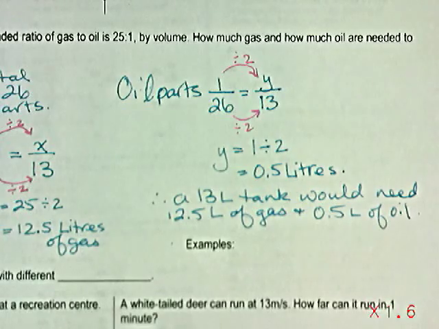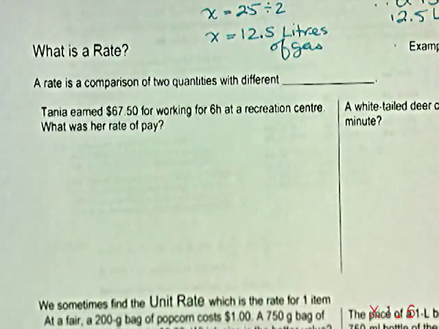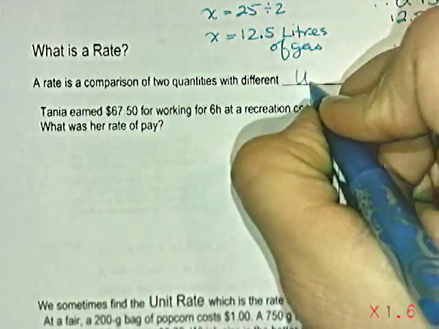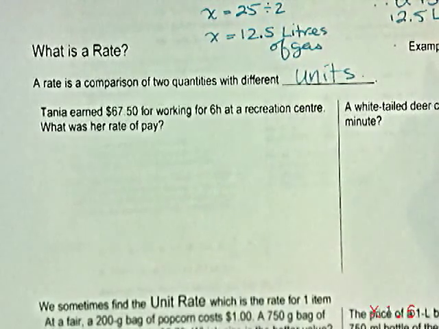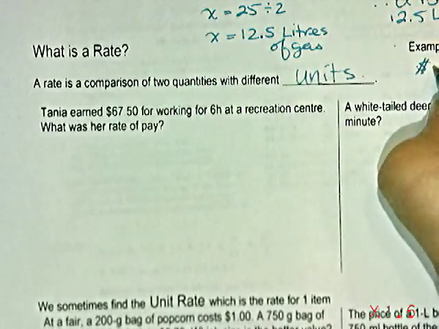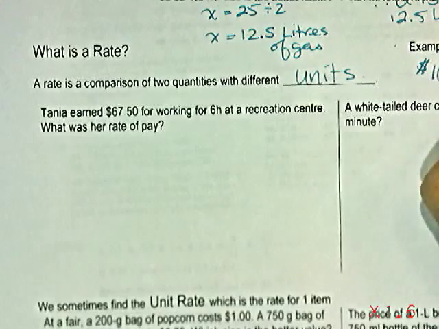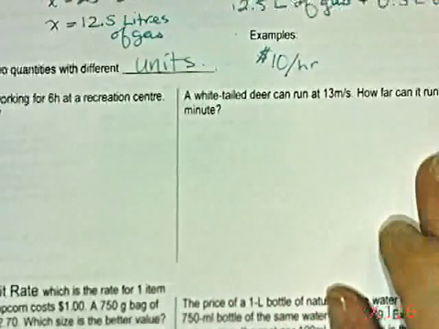All right, what is a rate? A rate is a comparison of two quantities with different units. If we talk about rates, we usually talk about something per something else. For example, we might talk about an hourly rate for a job. We might say I'm making $10 per hour, and this slash would represent per.